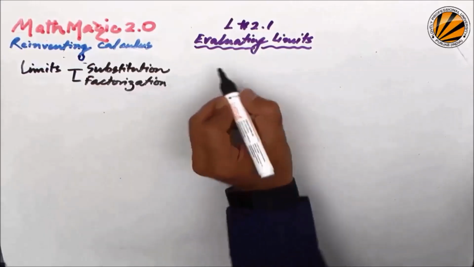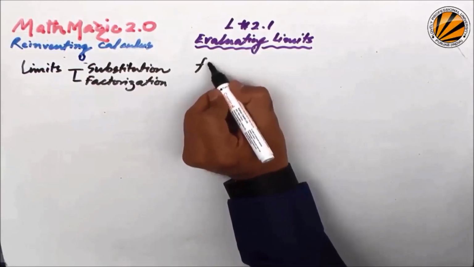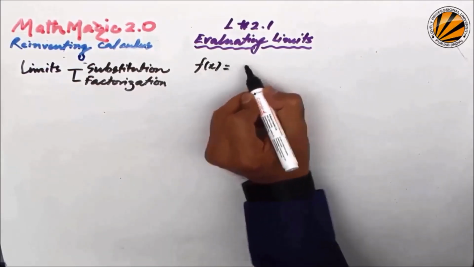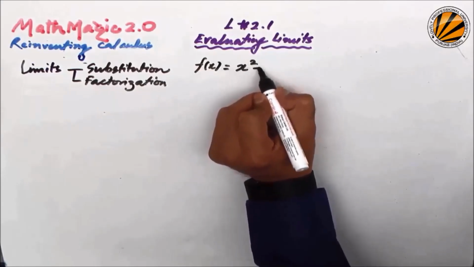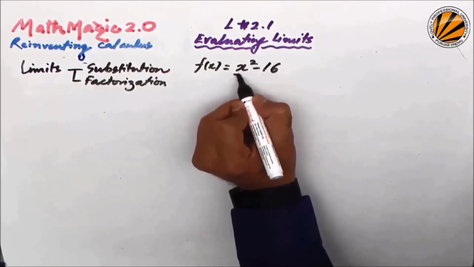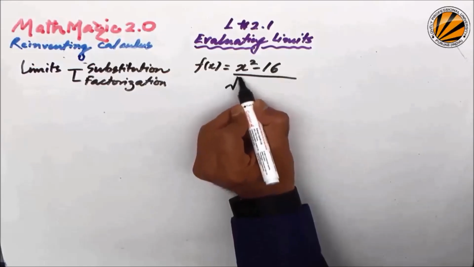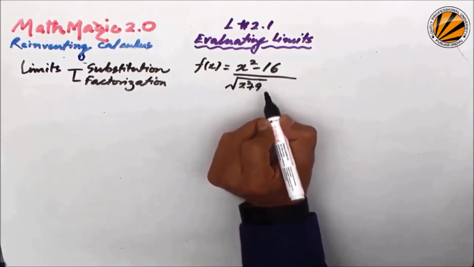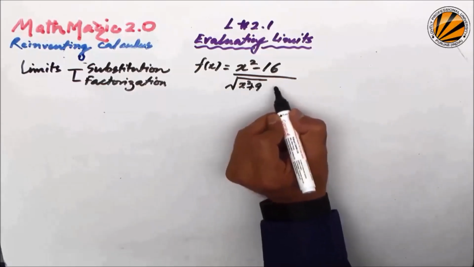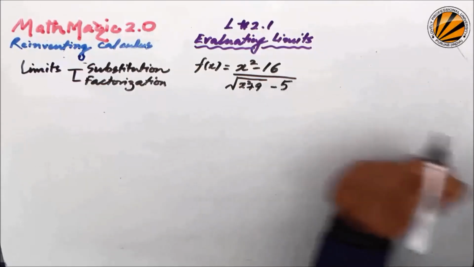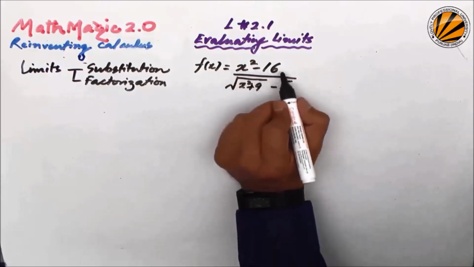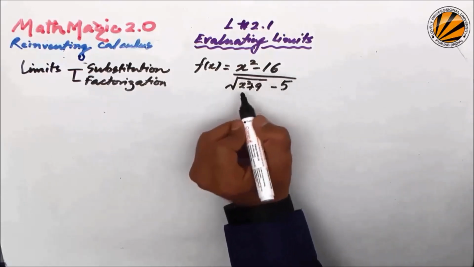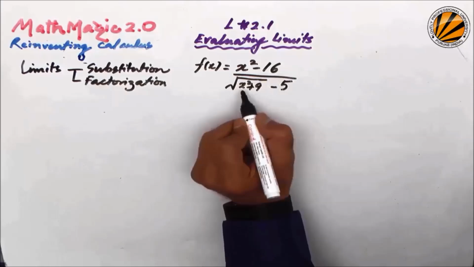Look at another scenario where the function f(x) is equal to (x square minus 16) divided by (the square root of (x square plus 9) minus 5). The square root applies to the x square plus 9 only. Neither can it be factorized, because this is unfactorizable.